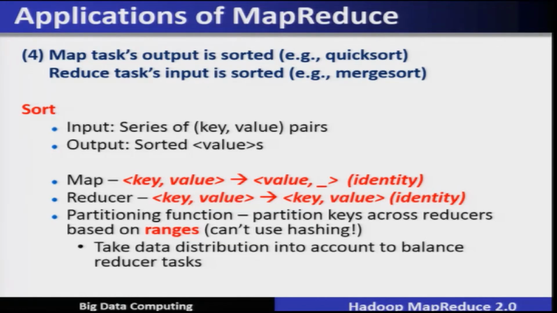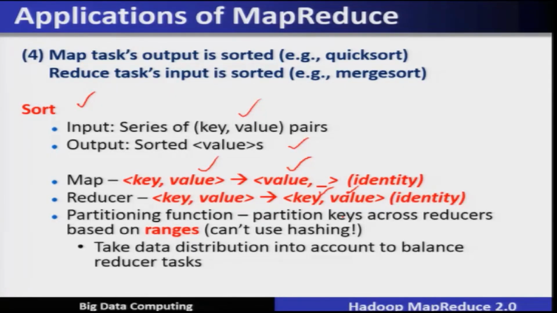Another application we will see is sorting, where the input is given in the form of key value pairs, and we want the sorted values as output. This program, as we have shown, is quite simple. The input given to the map function, key and value, it will output only the value, and the reducer will just output the key and value.